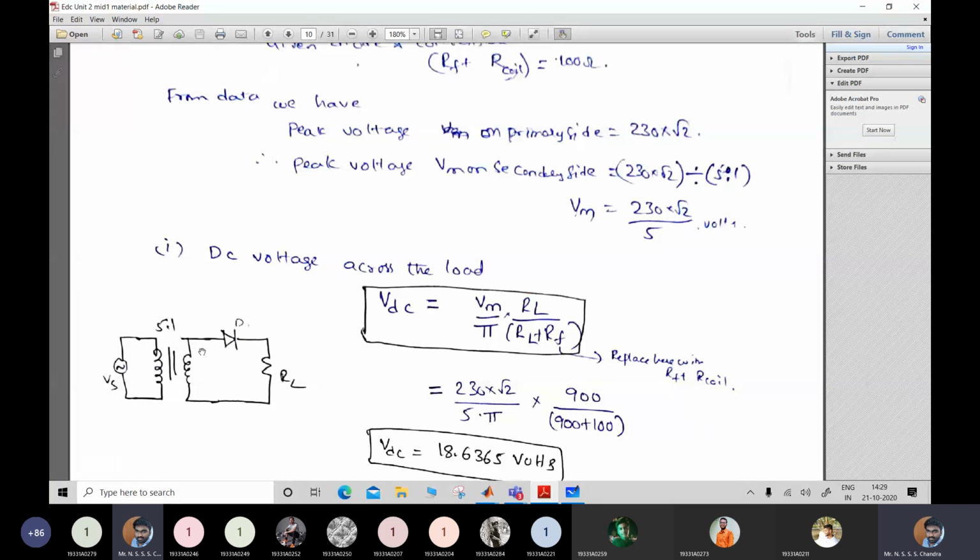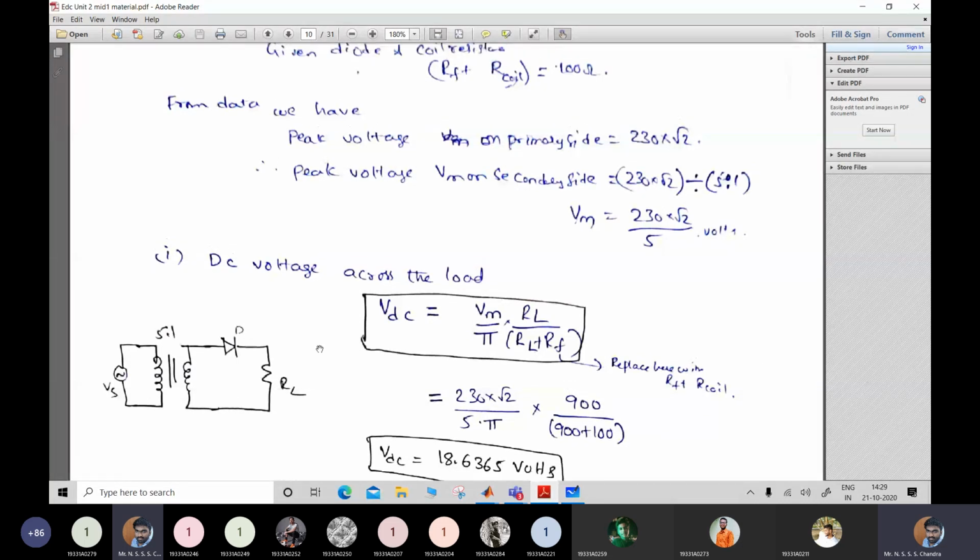So when you are dividing this in the equivalent resistance, you know that Vx is equal to supply voltage Vs into Rx by R equivalent, right? Here R equivalent is the sum of the resistances in the series circuit. Here the resistance should be resistance of your transformer plus resistance of your diode plus load resistor RL.